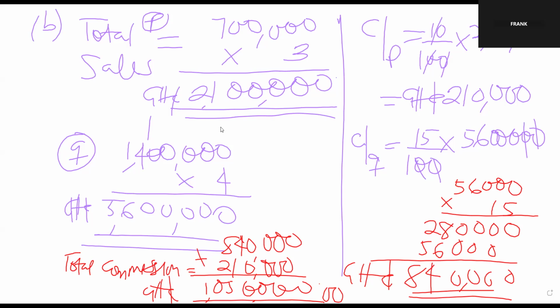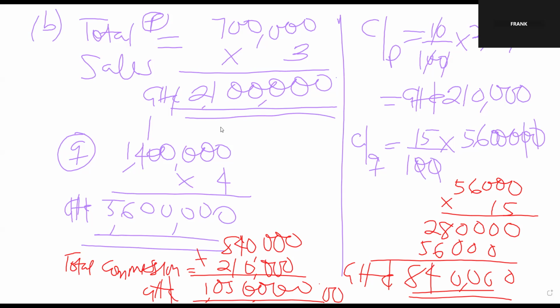The other approach you can use in solving this is to find the 10% of 700,000. When done, that's the commission on one of the P houses. Then multiply it by 3, since there are 3. So each of them is 70,000, and times 3 is 210,000.